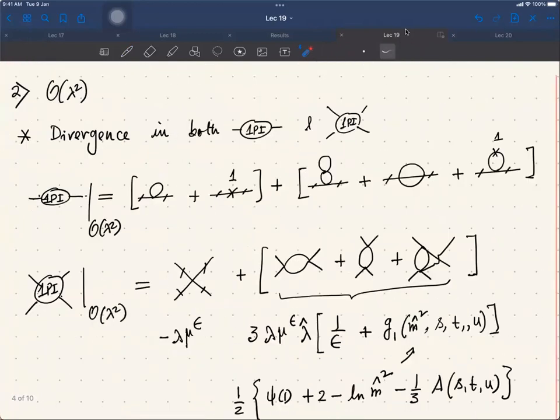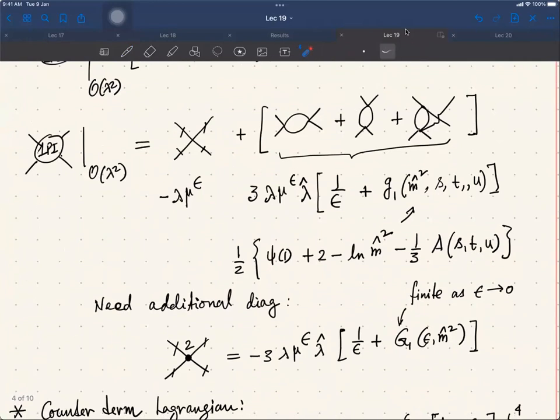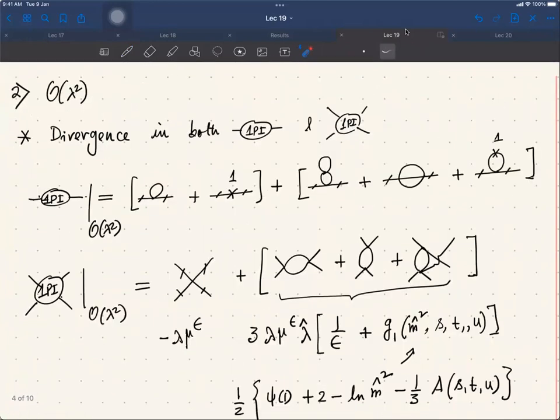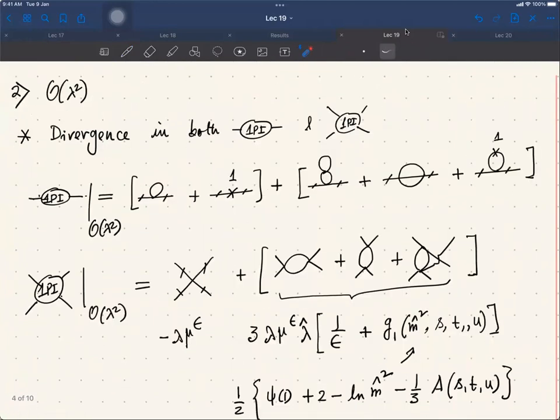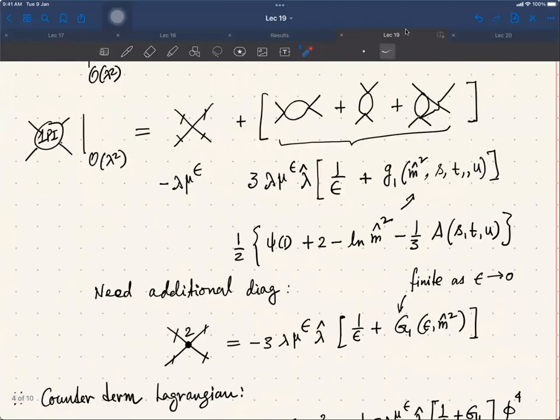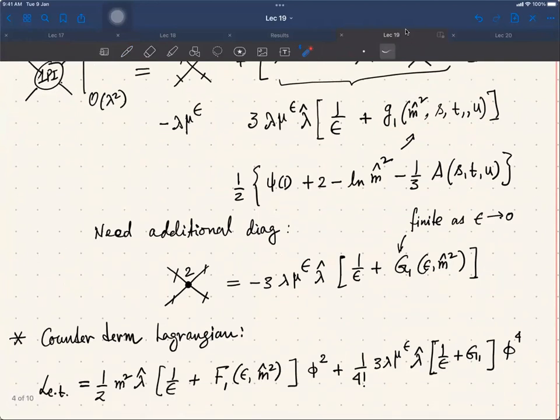And then at order lambda square, we have several diagrams, and in the 4-point function, we have a finite contribution coming from G1, which is also at the one loop level. We have calculated this expression, which is given by this. And at this level, there's a new counter term, where the finite piece is capital G1.